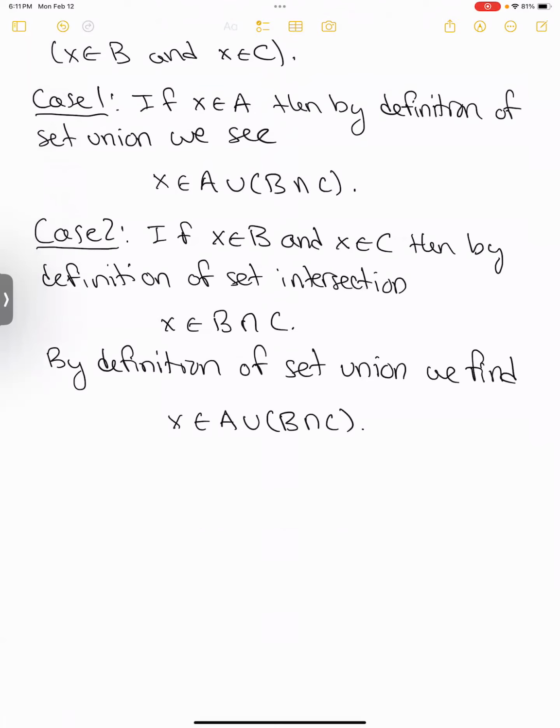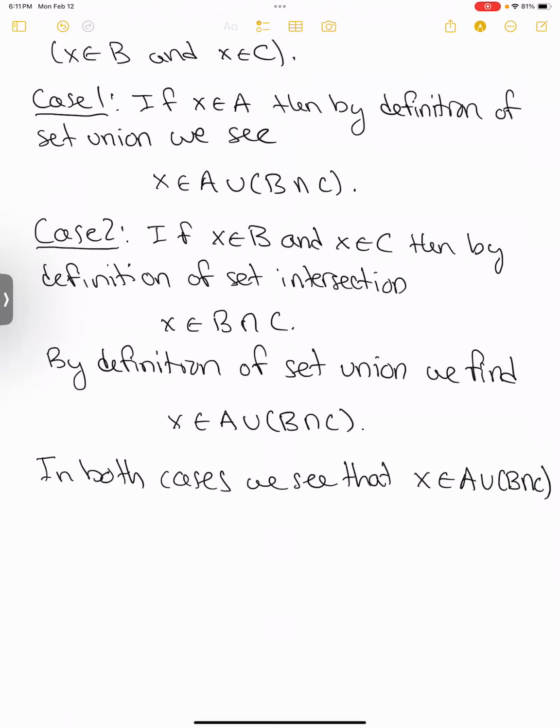It doesn't matter because you're already in B intersect C. Okay, so now in both cases, we see that X is in A union B intersect C.